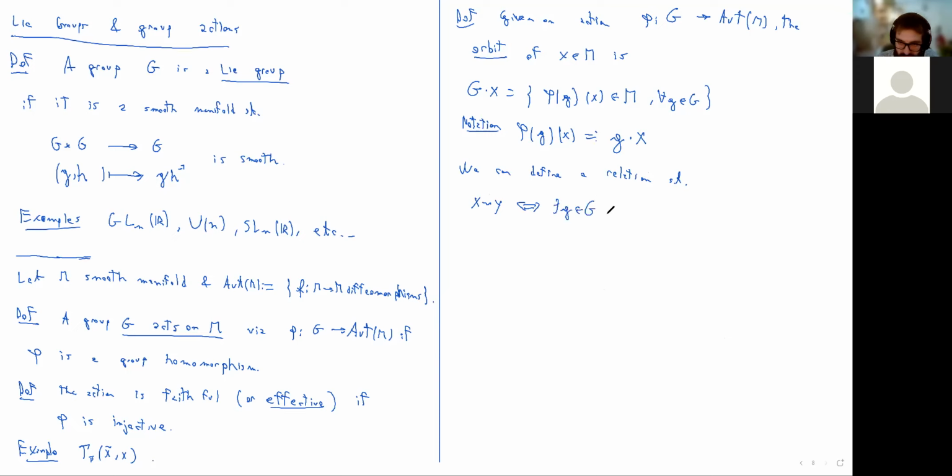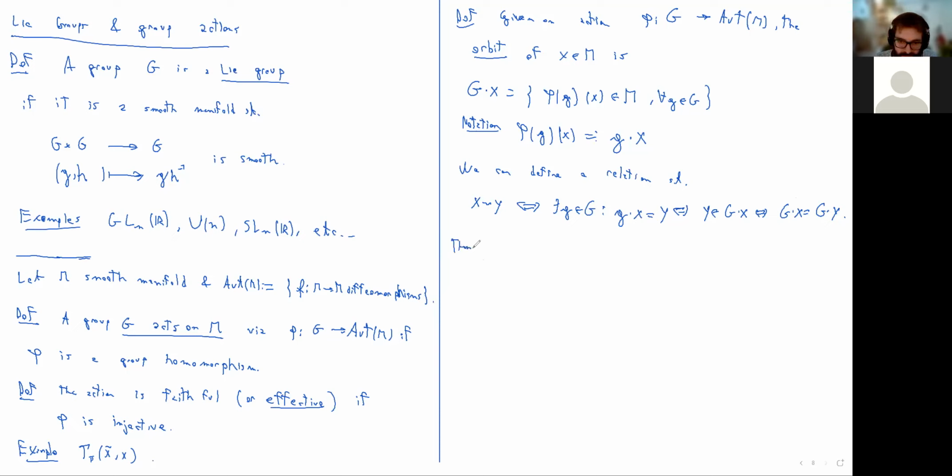But let's do it properly. So if there exists a g such that g x is y, and this is equivalent to saying that y is in the orbit of x, this is also equivalent just to saying that the two orbits are the same. Okay, so I think these arrows are straightforward. If not, ask or verify it yourself.